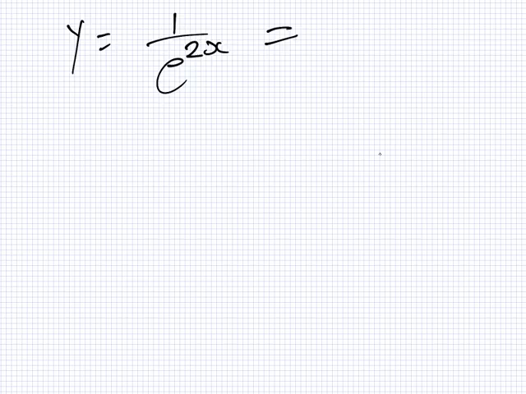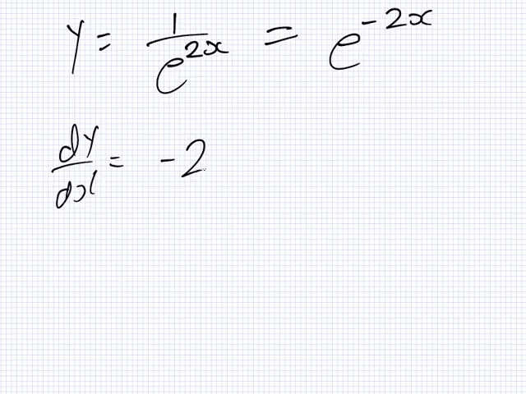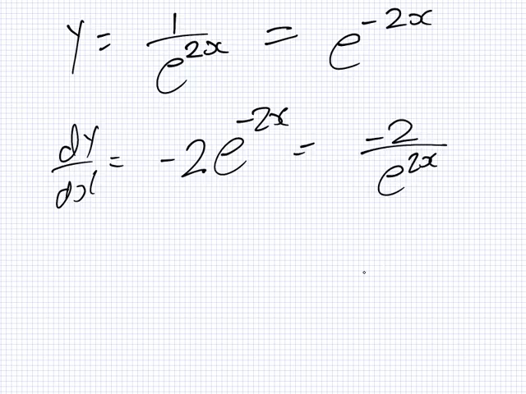Okay, let's have a look. So, what you do first is you change this into e to the minus 2x, and then using the rule, this will be minus 2 e to the minus 2x, or just minus 2 over e to the 2x. Both are fine.